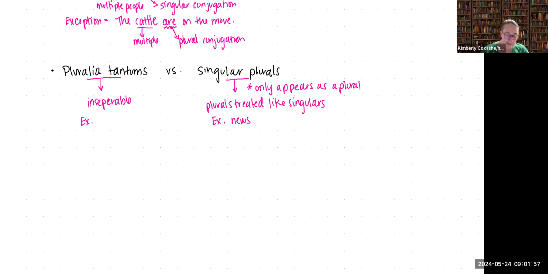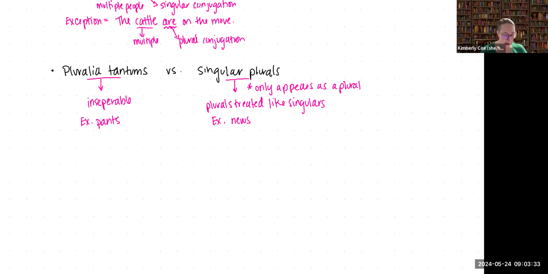An example of pluralia tantum, pants, right? Inseparable. We don't have a singular pant. All right, let's look at a few more. Another illustration associated with pants would be, say, scissors.